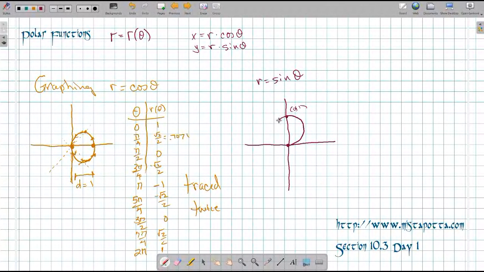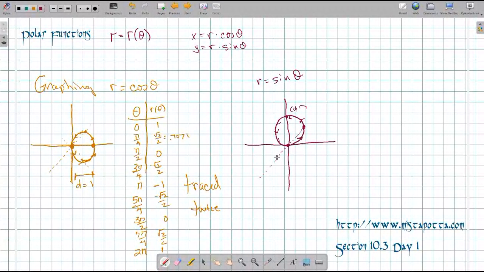And then coming back, when theta equals pi, I'm back at a radius of 0. And for angles in the third and fourth quadrant, sine is negative, so I end up reflecting back to these points on the circle. And for pi to 2 pi, I end up retracing these circles.